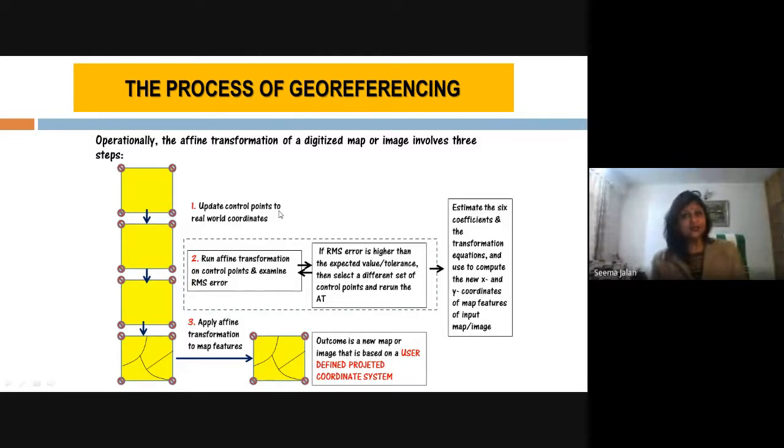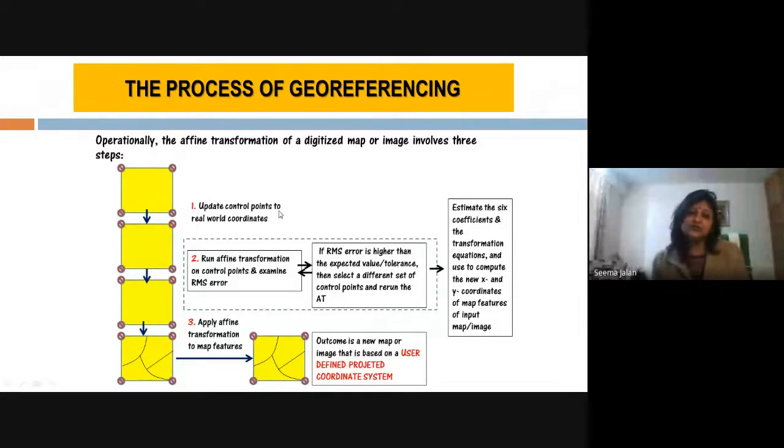You must know that first. Don't just assume that they are in a particular coordinate system. As I will tell you, the old topo sheets of India were on the Everest datum, and the values written on the topo sheet are geographical coordinates. So whenever you get the map coordinates, you must pay attention to the source coordinate system.